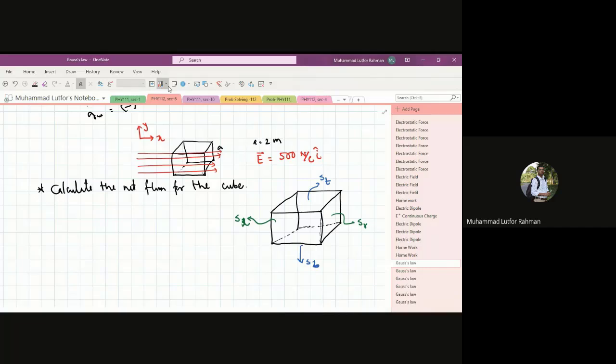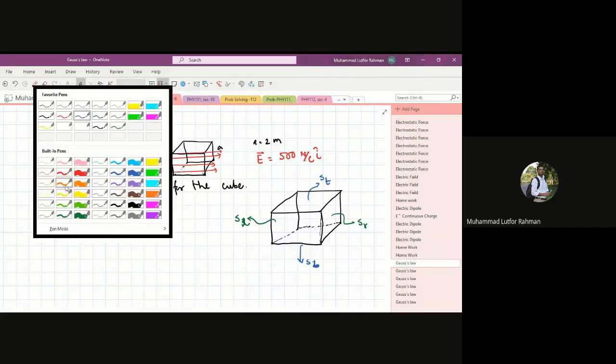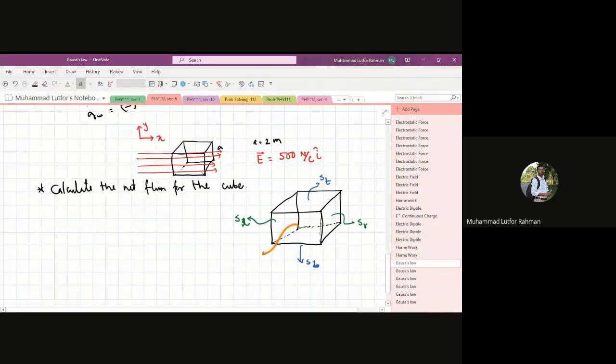This one say is the front surface, and that one the back surface. There are 6 surfaces, right?